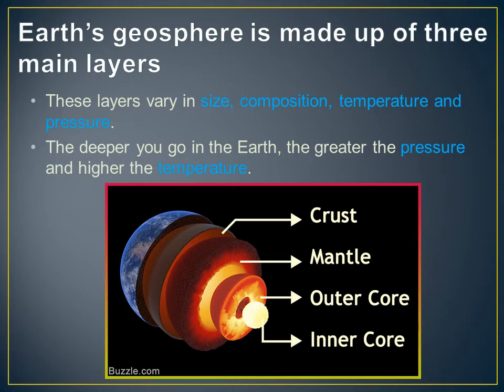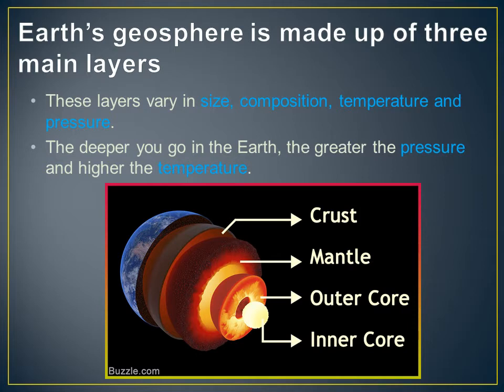So what we need to understand, just like I was saying about the Shrek reference, is that these layers vary, they differ in size, composition, temperature, and pressure. So the deeper you go in the Earth, the greater the pressure and the higher the temperature.